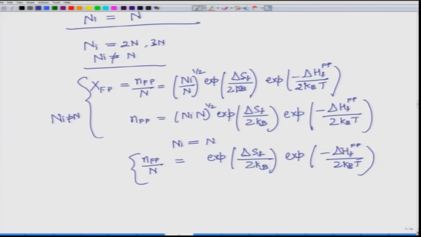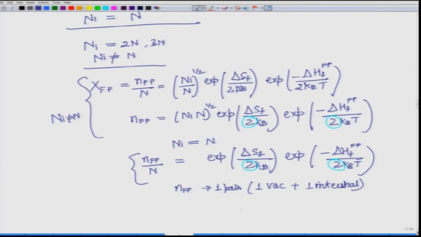There is a Ni term when Ni is not equal to n, which is obvious, but what is another thing that you need to see, apart from Ni, the relation between Ni and n, is this factor 2. So, we see a factor 2 over here. And why does this factor 2 arise over here? This factor arises because when we are saying NFP, we mean one pair, which means one vacancy plus one interstitial.